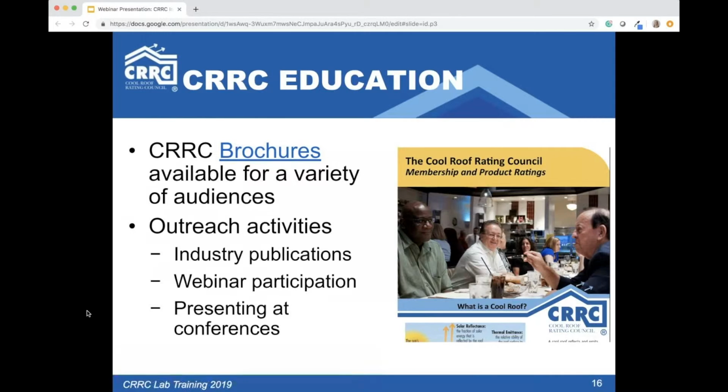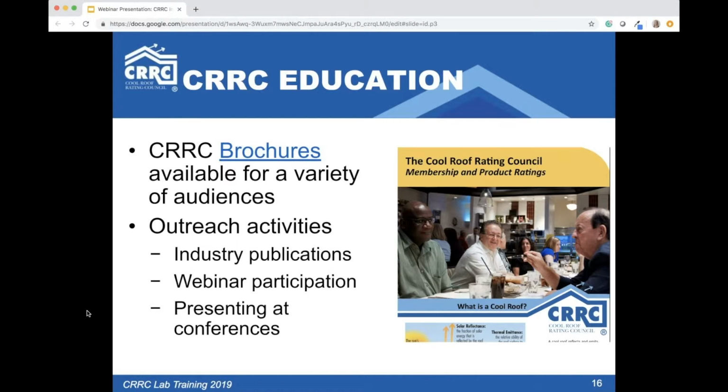So the last pillar, again, of our mission is education. We have a few brochures that are available for a variety of audiences, from the general public to code setting officials. We also engage in some outreach activities, including writing articles for industry publications, participating in webinars, and also we have presented at several conferences over the years.